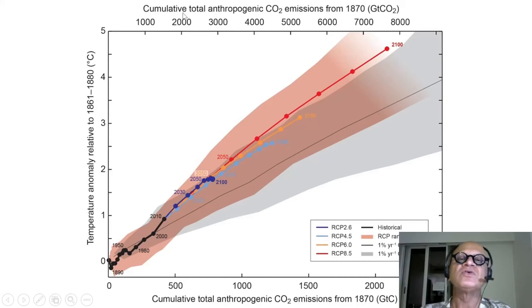Okay, so these are the cumulative total anthropogenic CO2 emissions. So that's gigaton CO2, and this is gigaton carbon. Okay, there's just a multiplication factor of 3.7 or so to go between carbon and CO2. Okay, so this shows that the accumulated carbon and the warming are almost linearly related.